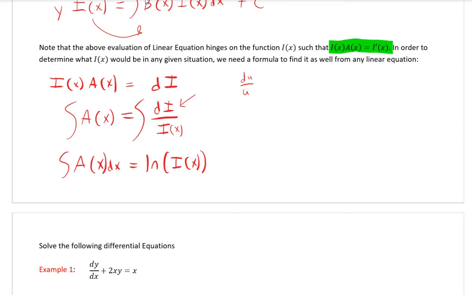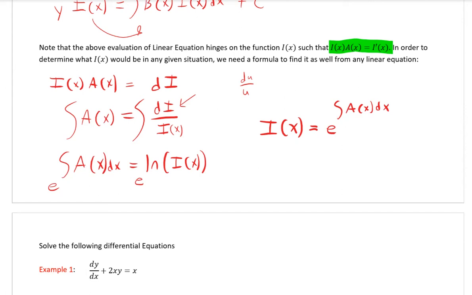And then, to evaluate I completely, I could take each side to a power of e. And what I have is a solution for the integrating factor, the key piece I'm going to need, and that is e to the integral of a of x dx. That's what I'm going to need to solve for the integrating factor.